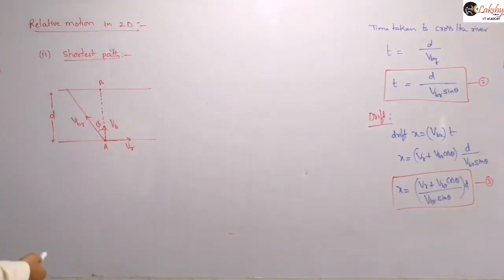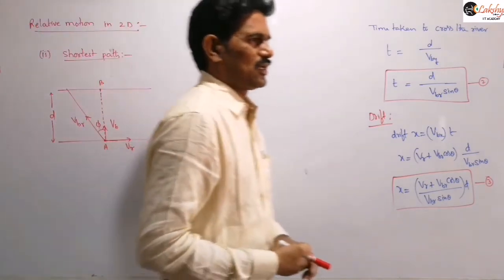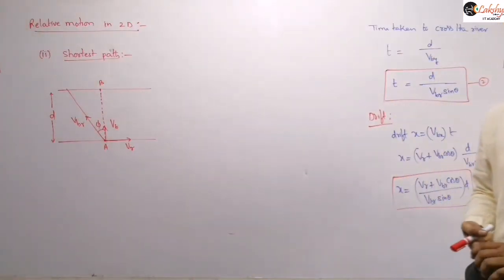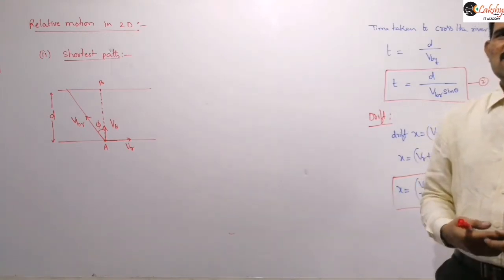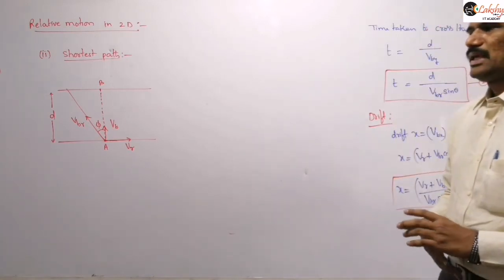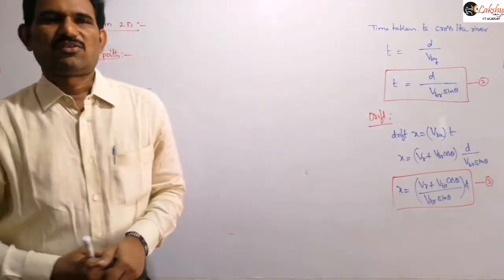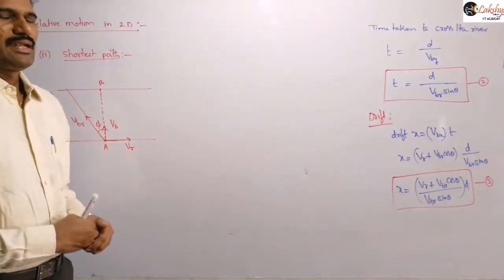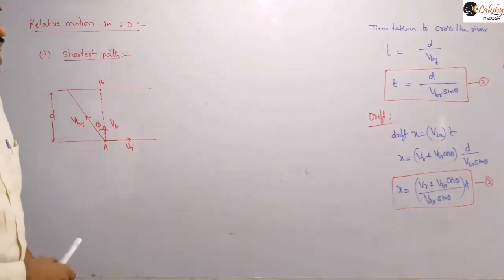So mention that first here: the boat will cross the river in the shortest possible path if the boat reaches the directly opposite point.